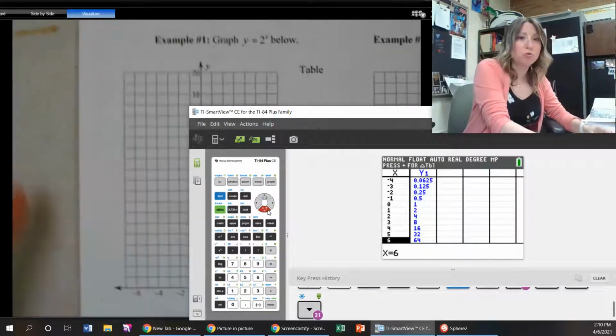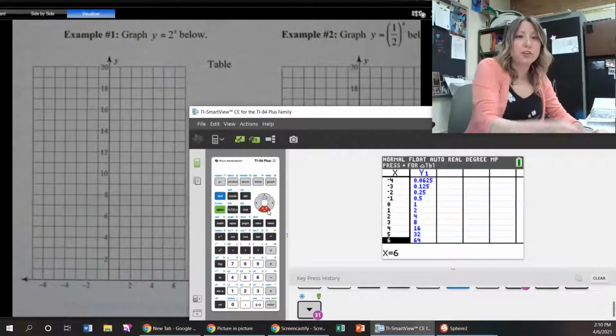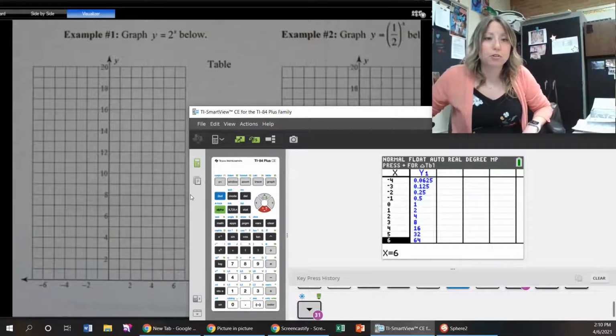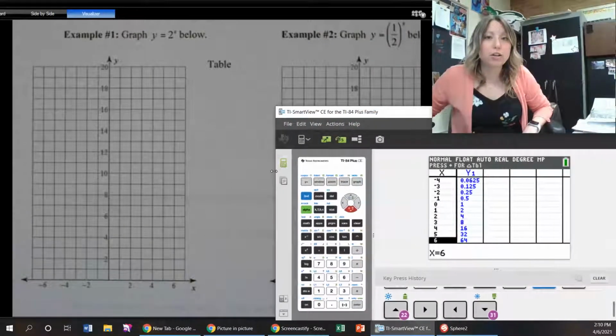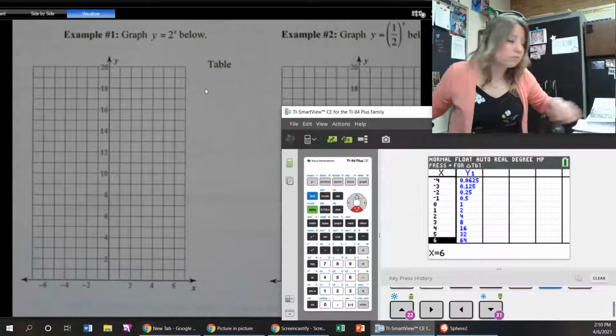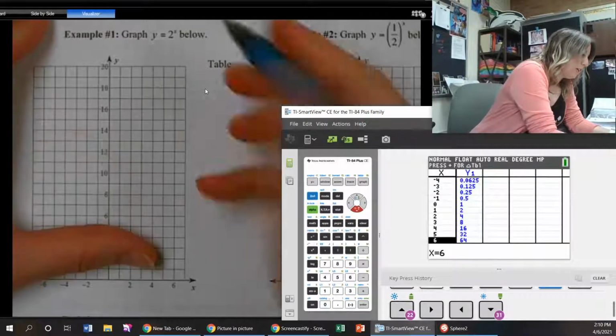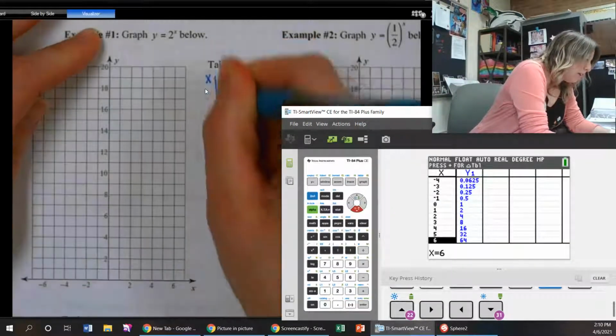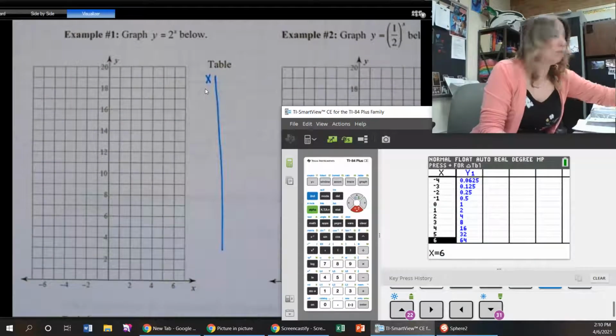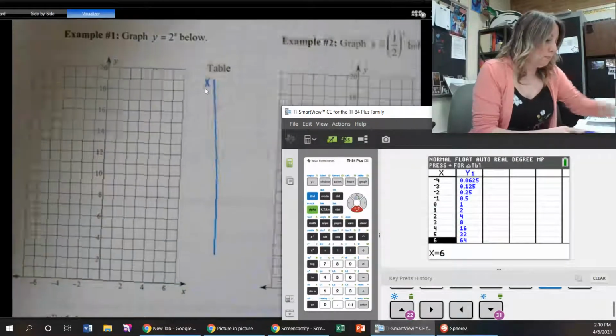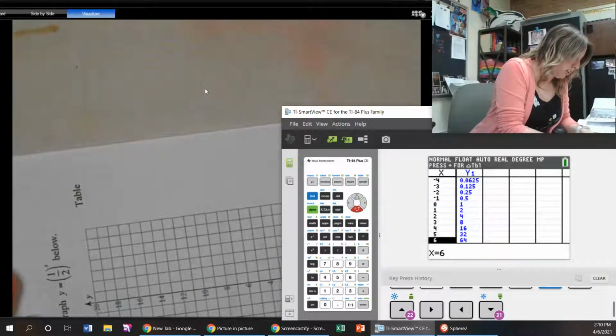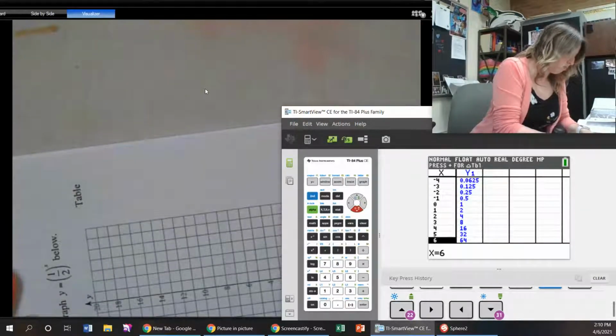So when I go to write this table and put these points on this graph, let me just go from -4 to, what just happened? I apparently can't draw a straight line. Try that again.